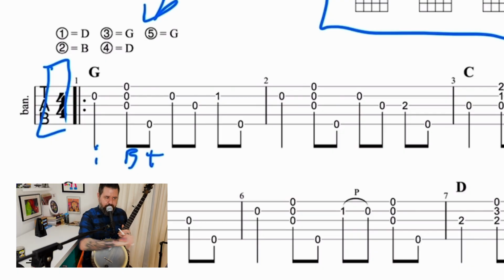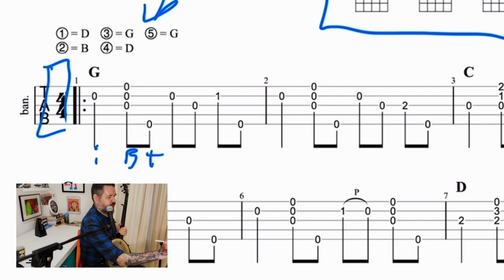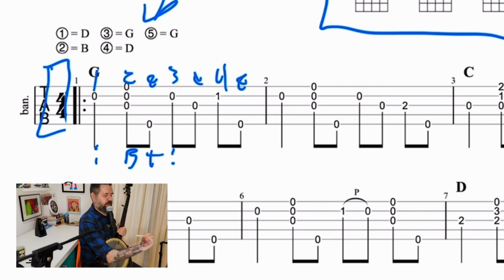So what that means now is on that third beat here, we've got our index finger because that's beat 3. And I'm just going to write this in. So we've got 1, 2, and 3, and 4, and, right? So we know on the end of 3, it's not going to be an index finger strike. So we have to do something else, either a drop thumb or something here.